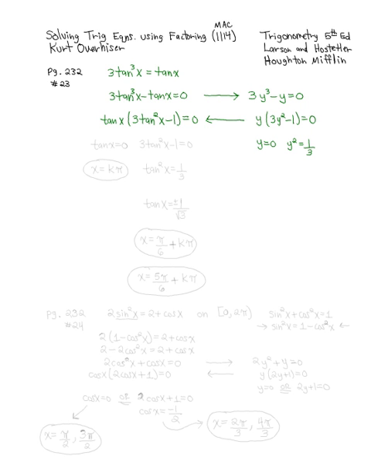And then we're going to set each factor equal to 0 because of the zero product property. And the tangent of x is 0 whenever the sine is 0, and that happens in multiples of pi.